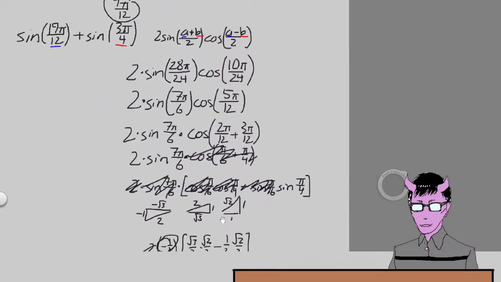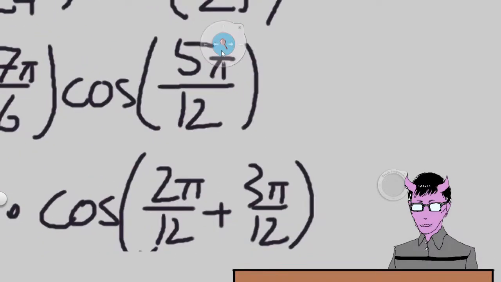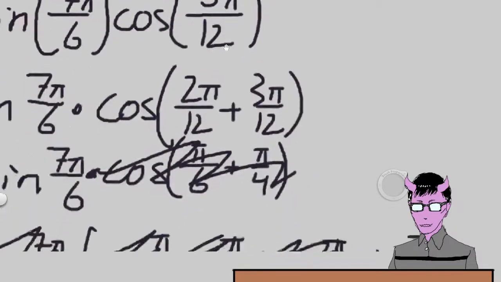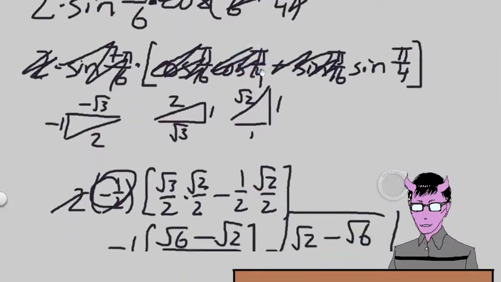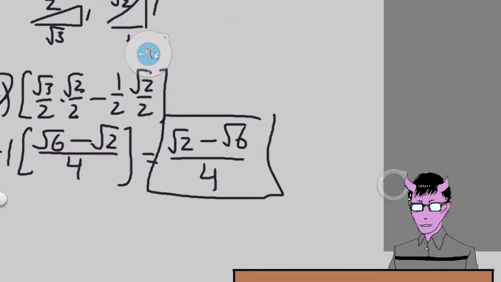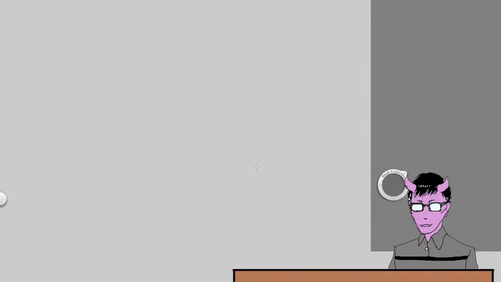So the unfortunate situation was we did come across this kind of an awkward 5 pi over 12, but using our old tool of expansion, we can use our angle sum expansion for the cosine, and then we could get around to it to get to this final answer. So crossing that out, and then we're good to go.